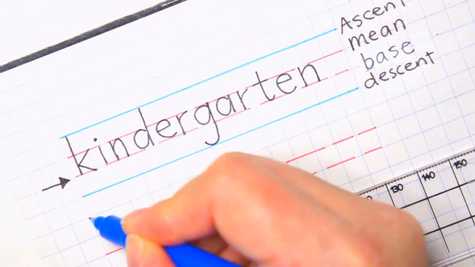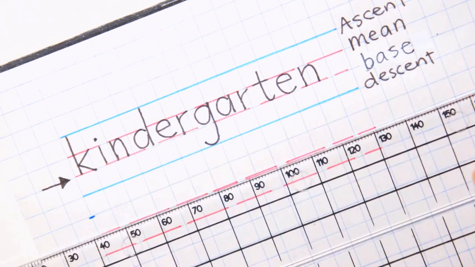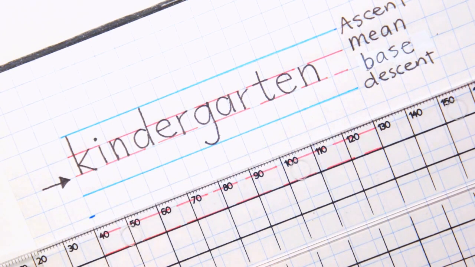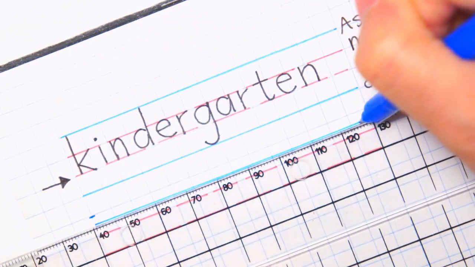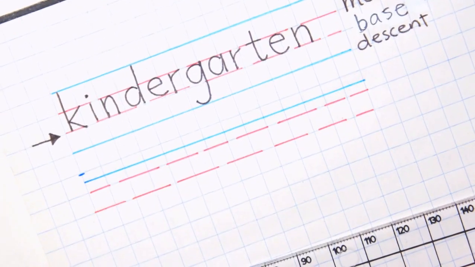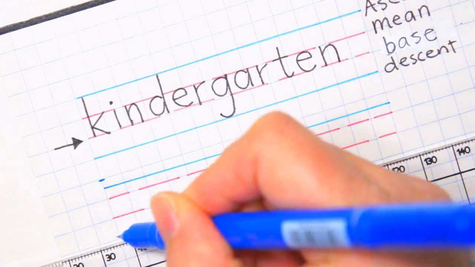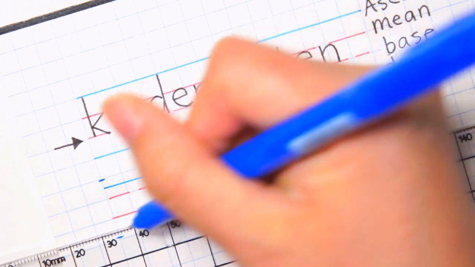Instead of doing my ascent line all the way to the next box up, we're going to exaggerate it. I'm going to start with half. Some people even have it less, so I'm actually going to do my ascent line only half of the grid above, and the descent line, instead of going all the way down one box like the kindergarten font, we're going to just make it half like this.